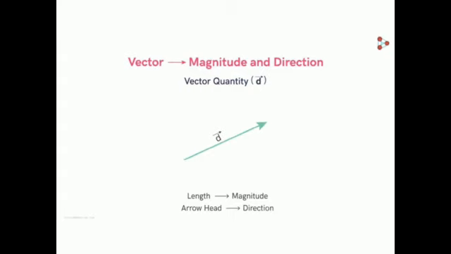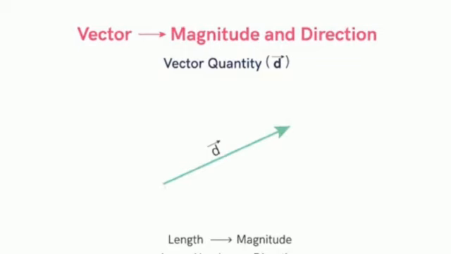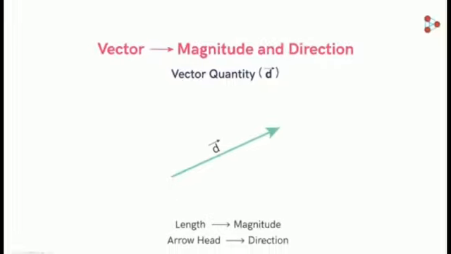Now we know that a vector is a quantity which has magnitude as well as direction. We can also write a vector in this form. For example, this small d enclosed in parentheses with the small arrow above it shows the vector, and this is the vector quantity.